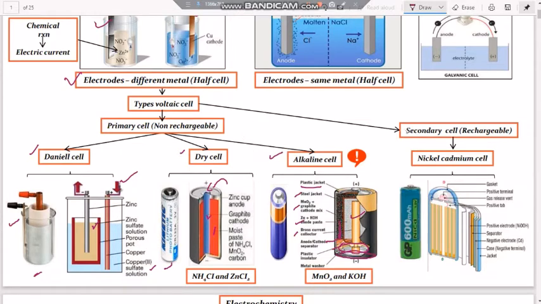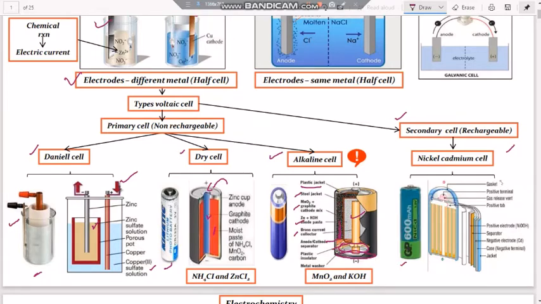And we have another type of voltaic cell that is most important. We will give most priority to this one, which is called the secondary cell, the rechargeable nickel cadmium cell. We have a 600 milliamp nickel cadmium battery, the picture is shown here, which has different parts.